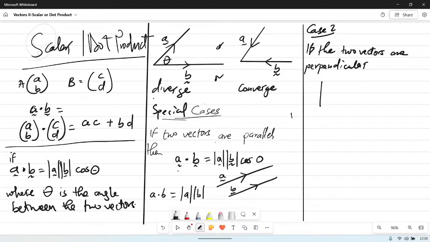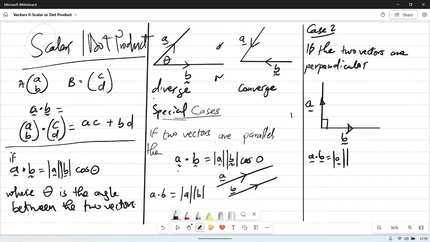In this instance, we have one vector here and another vector, because they intersect at 90 degrees. They could be diverging or converging, any of them. So this is vector A, this is vector B. Now we know that the dot product A dot B is equal to the magnitude of A times the magnitude of B times cos 90. We know that cos 90 is zero. If one factor is zero, everything will be zero.